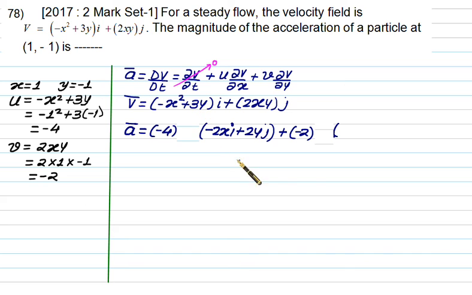That will be simply 3i plus, the partial derivative of 2xy with respect to y is 2x, so 2x j. So in one step we can solve this.